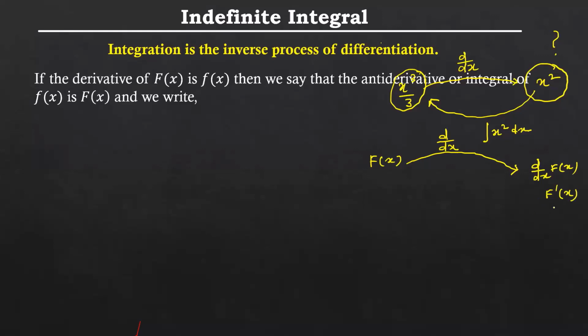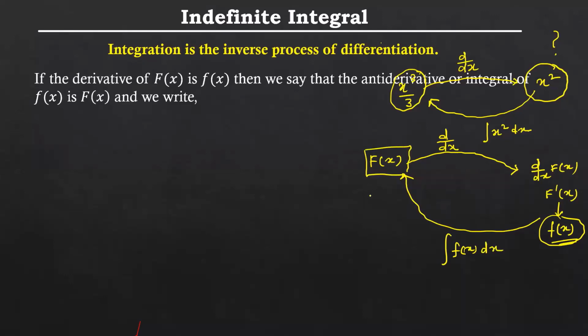We say that F dash x is equal to small f(x). Now, whenever you take the integration of small f(x) dx, you will again get F(x). So from F(x), you get the small f(x) function, which is its differentiation.